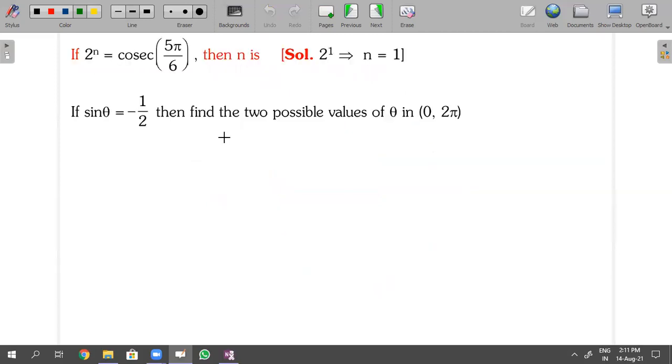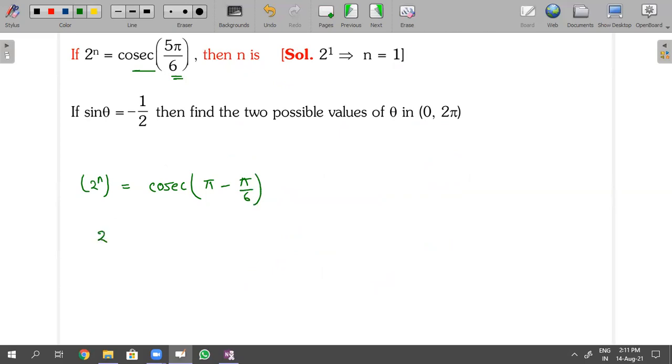In this one, it is given that 2 to the power n is equal to cosecant 5 pi by 6. Do you know the value of cosecant 5 pi by 6? If you don't, you may use the reduction formula, where you need to find the closest multiple of pi by 2 near 5 pi by 6. It is pi, so you may represent 5 pi by 6 as cosecant(pi minus pi by 6).